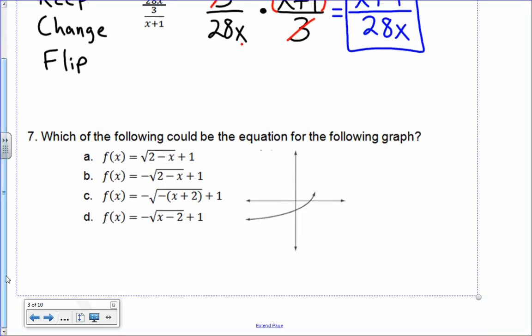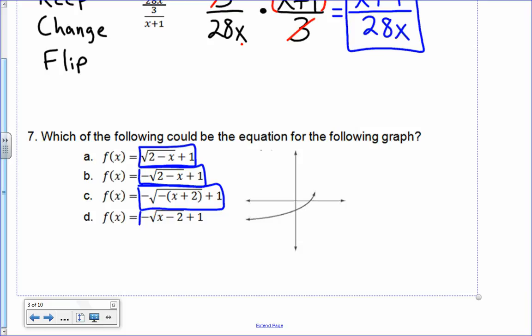Now, when you move down to number 7, this is a multiple choice. There are 4 different functions here, all right? And it asks you which one of these could be a function for the graph. So what you would do is take your calculator, go to y equals, and punch each one of these in.